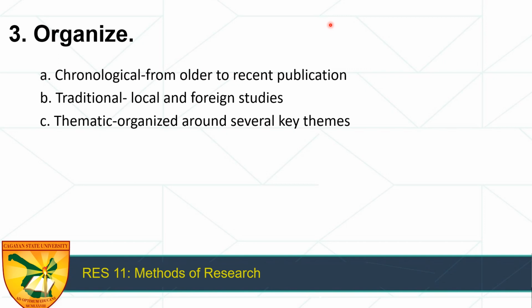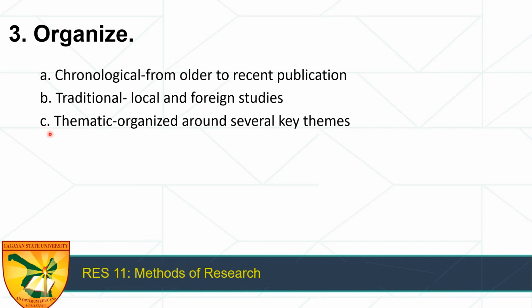For example, a literature review that focuses on continuing research about the emergence of German economic power after the fall of the Soviet Union. You can also organize your papers through the traditional method wherein you separate the local and foreign studies.